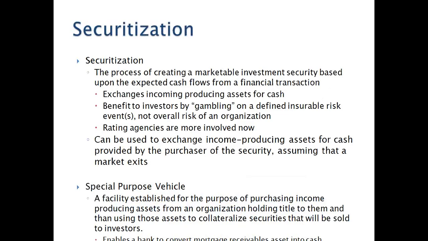And then the last thing we'll be talking about for Chapter 9 is securitization. This is the process of creating a marketable investment security based upon the expected cash flows from a financial transaction. So really, anything can be securitized, essentially. If you think about it, we're talking about something that produces income. It could be some type of collateral base.